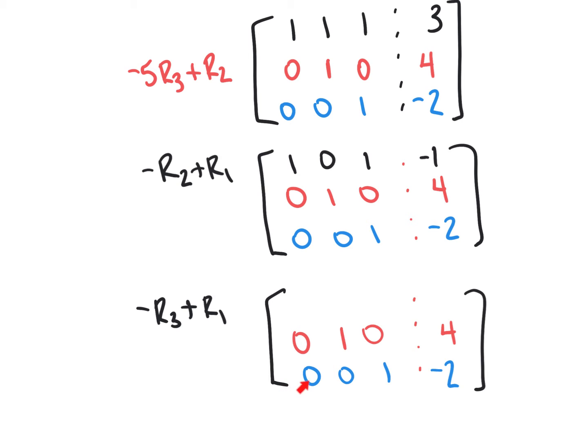So here, negative 0 right here, plus a 1 is what? 1. Negative 0 plus a 0, 0. Negative 1, remember you're looking at a negative R3, so negative 1 plus a 1, 0.